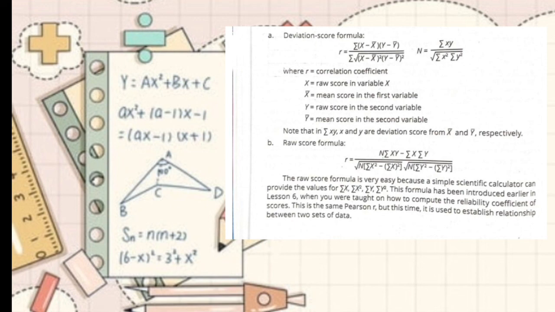This formula was introduced earlier in lesson 6 when you were taught how to compute the reliability coefficient of scores. This is the same formula, but this time it is used to establish the relationship between two sets of data.